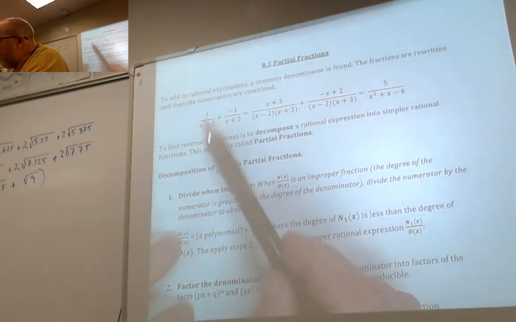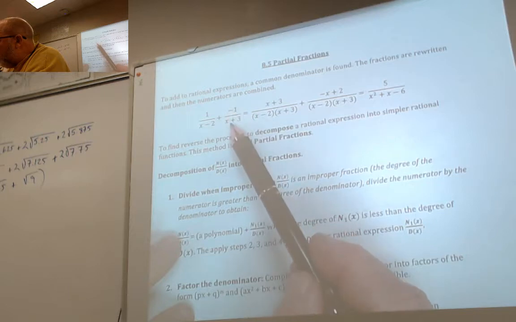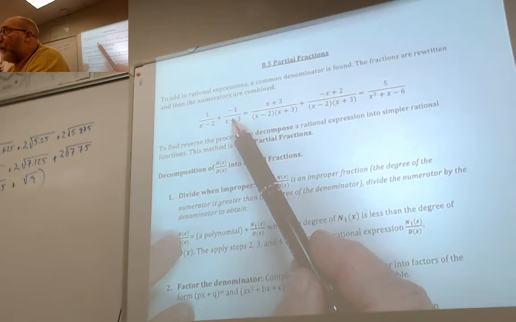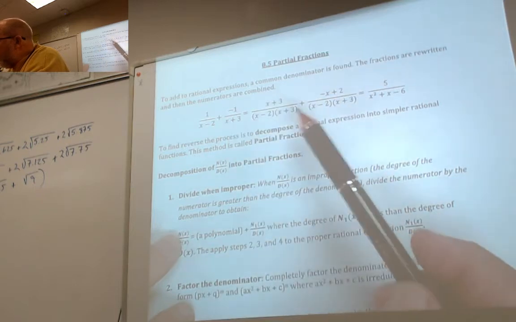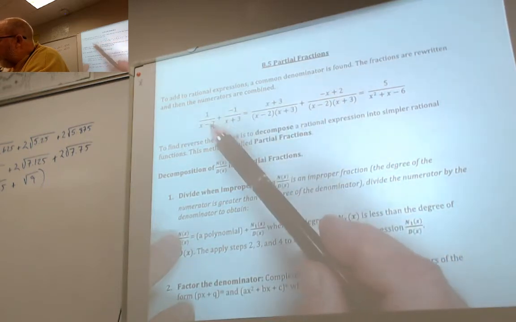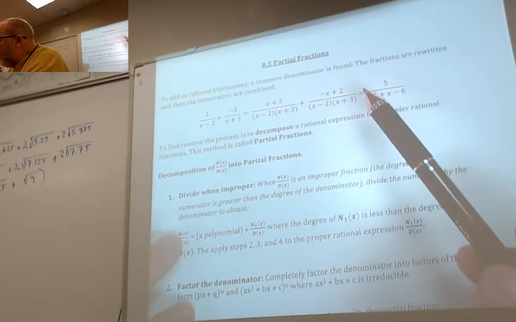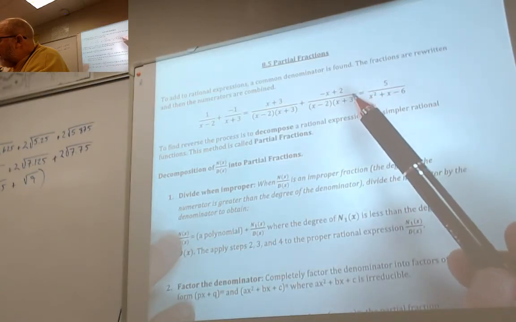is I simply have the fraction 1 over x minus 2 and negative 1 over x plus 3, and if we were to add these together, we would get a common denominator, which is the product of the denominators, correct? And so what I did is I multiplied this first fraction by x plus 3 at the top and the bottom, and I multiplied this second fraction by x minus 2.